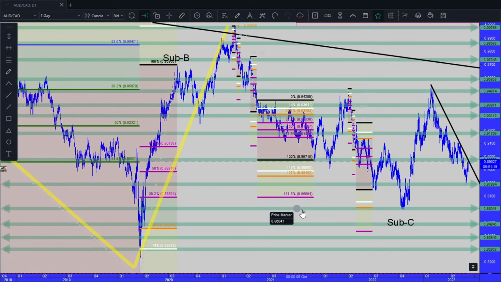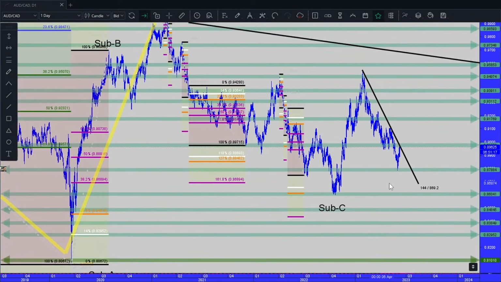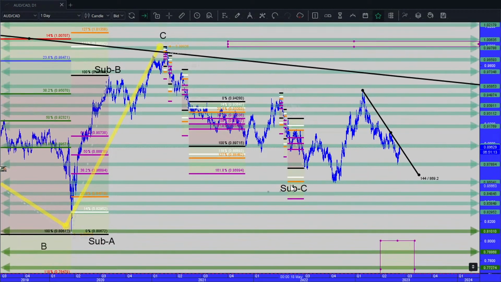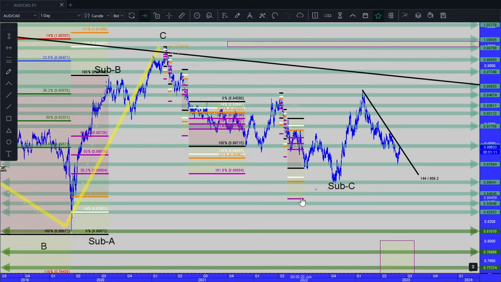Right, there you go. Okay, everybody? So the sub C was not confirmed, and then the market rallied up, and then the market rallied down.